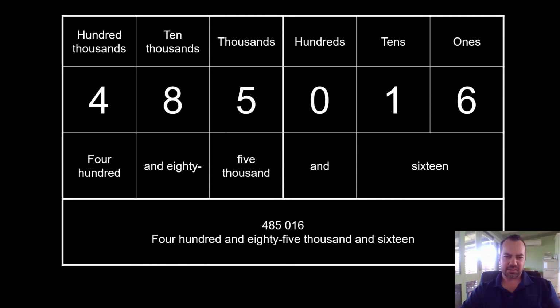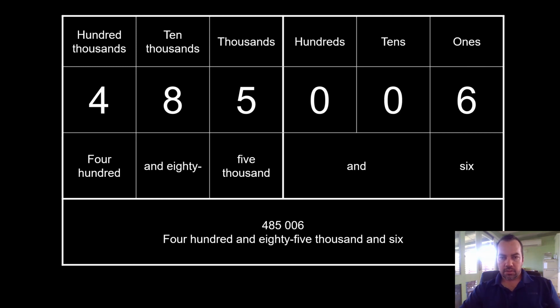I'm not sure. I don't think they say and, or maybe it's that and that drops, but certainly in Australian English, 485,016. And the same would be true without any tens, 485,006.